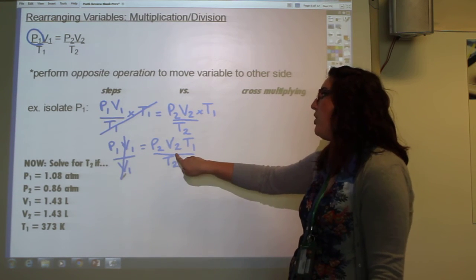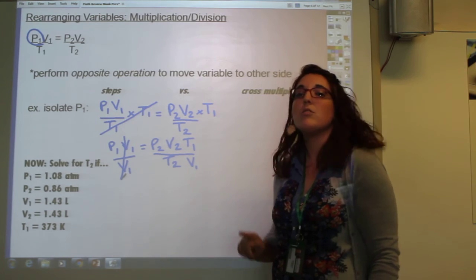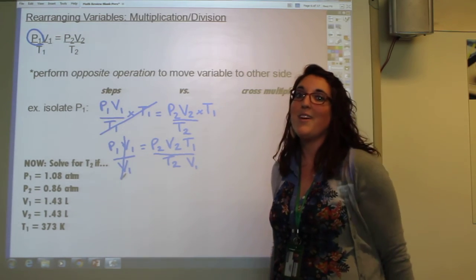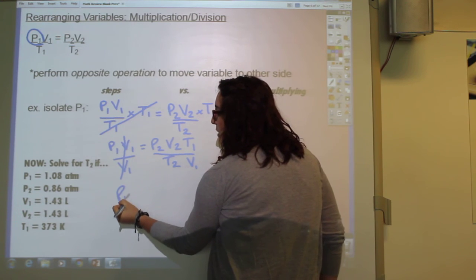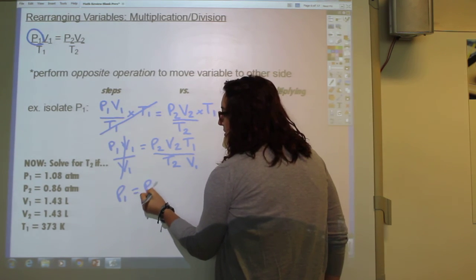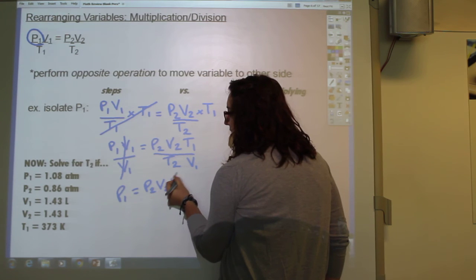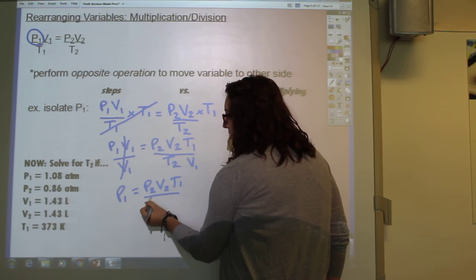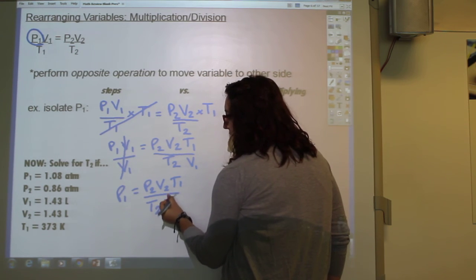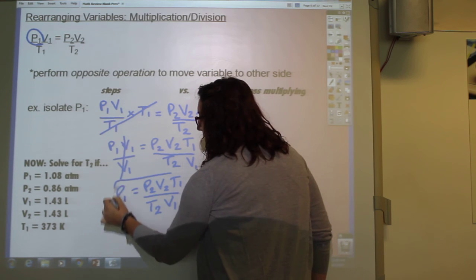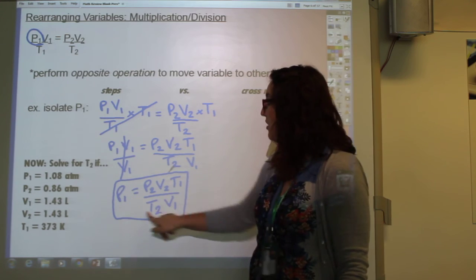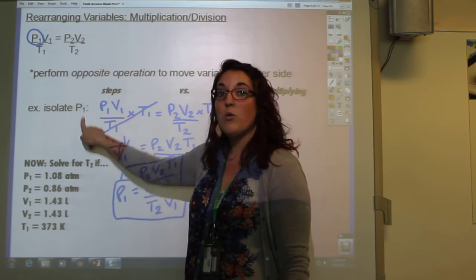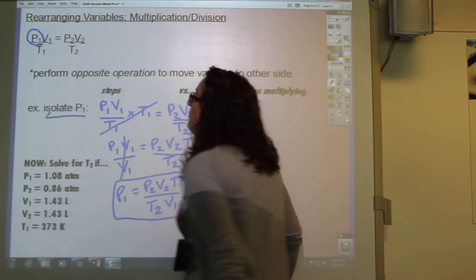On the right side, we only have V2 over V1, so these are two different volumes. Those are not going to cancel out. So in the end, we will have P1 equals P2 V2 T1 over T2 V1. And this would be our answer for the rearranged equation where we have isolated or solved for P1.